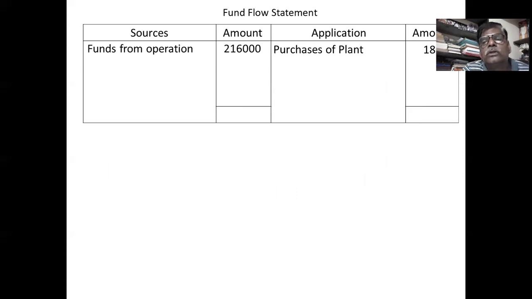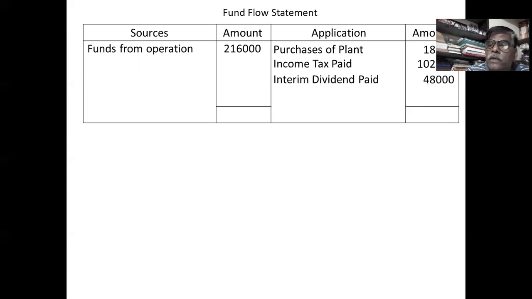And there is no source of fund, that is no issue of shares, no loan taken or no sale of asset. Therefore, you take the other applications, application of fund. One is plant, second is income tax paid. You take this amount from your account balance, difference, income tax paid, dividend paid you take.